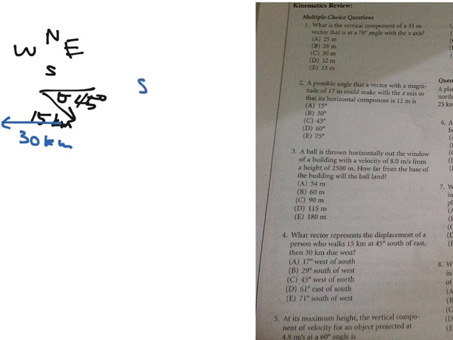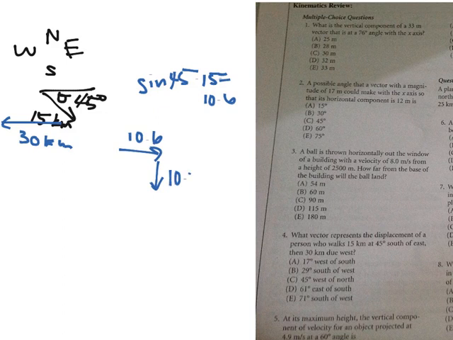Luckily you know that since it's a 45-degree angle, sine of 45 and cosine of 45 are going to be exactly the same, and that is 10.6. So we know that if we were to break this up, they went 10.6 east and 10.6 south, and then 30 west. So hopefully you could start seeing that these two right here, you should subtract them. So they cancel each other out a bit if this was our origin.